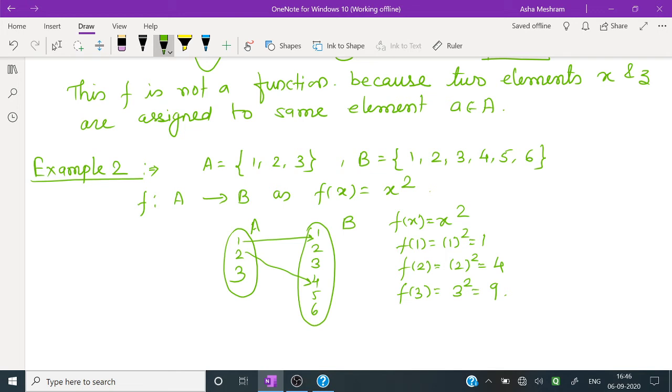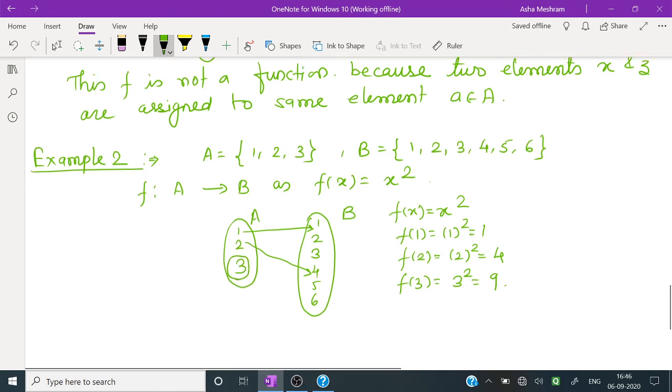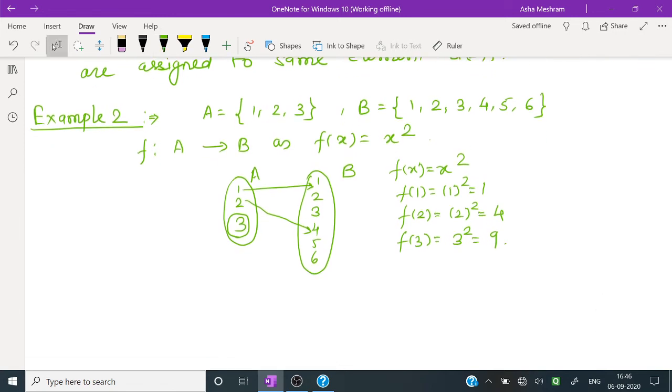So we cannot find any element in B for this 3. And what is the definition? Each element of set A must be assigned to some element of B.